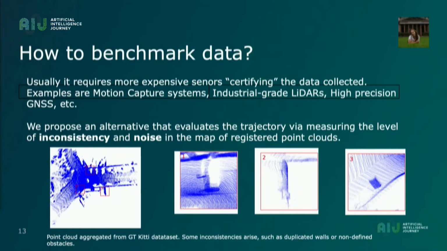There are other solutions for this. If you want to get the geometry of, for instance, a room, you could be using industrial-grade LiDAR. So this is basically a very accurate LiDAR that gets a lot of points, and all of them are going to be very precise. Others could be just using GPS-like systems.